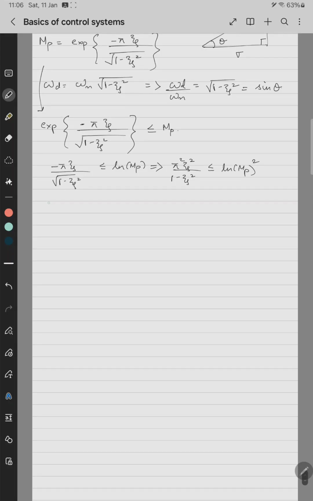So if we just write 0 greater than or equal to, it will be 1 minus zeta square into ln of Mp square, like this we'll do minus pi square zeta square.